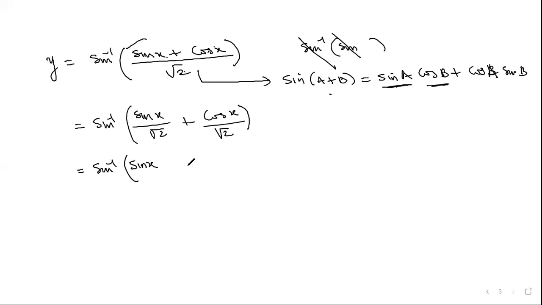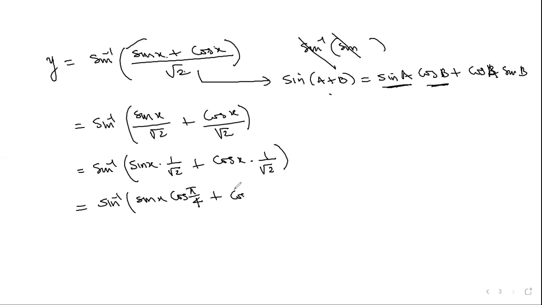I need cos b, so I'll write 1 by root 2 here, cos x into 1 by root 2. Now this can be written as sine inverse of sine x cos pi by 4, cos 45 is 1 by root 2, plus cos x sine pi by 4.